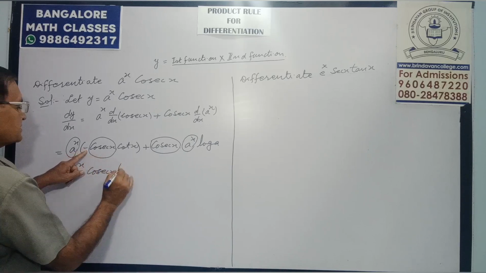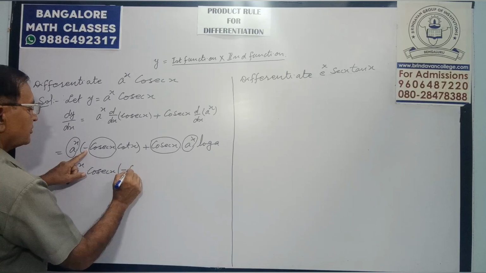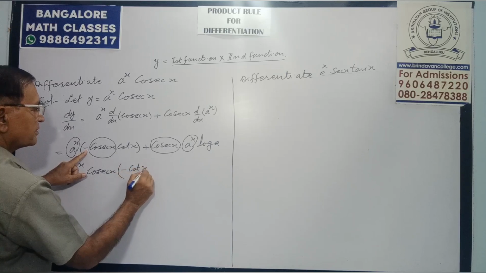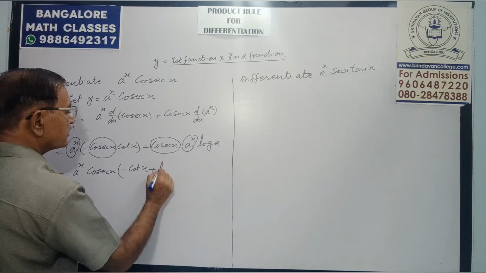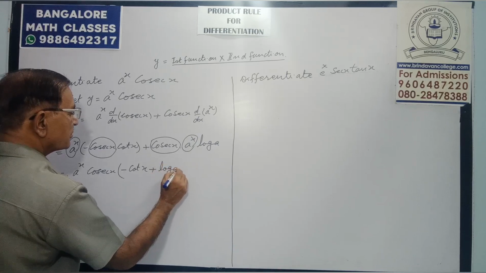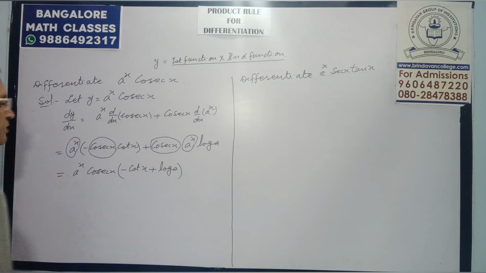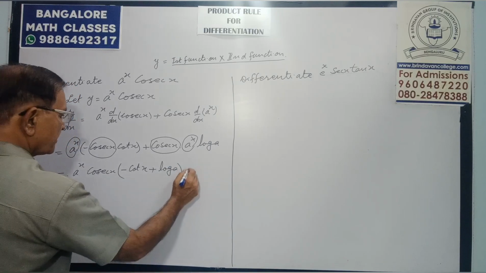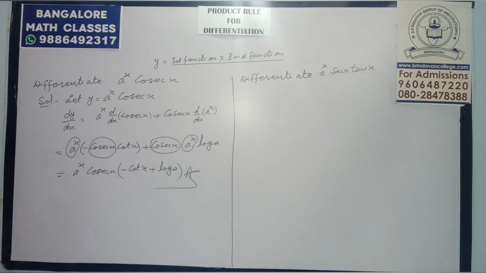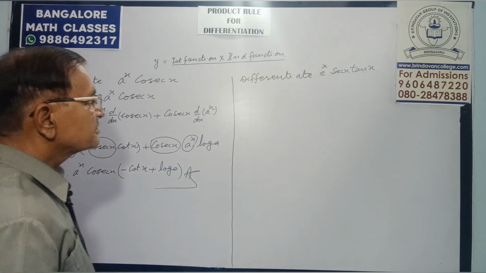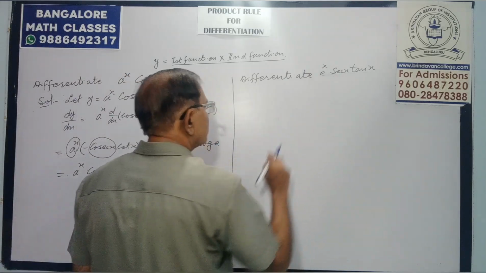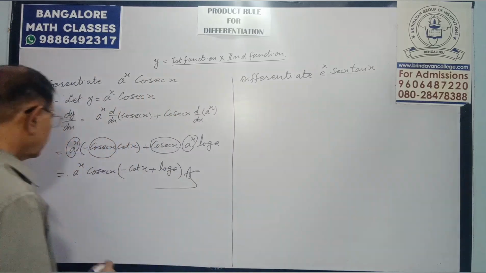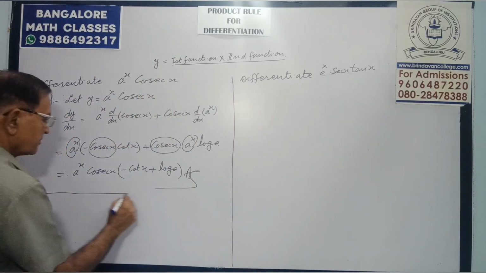Thus we are left with minus cot x plus log a. So that will be the answer for that sum. Next is differentiate eˣ secant a, secant a tan a. See here the rule.